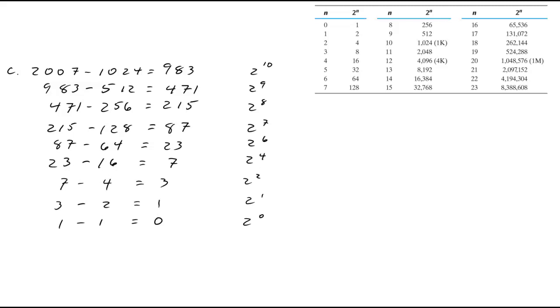So now we can write 2007 in base 10 equals, let's see, there's 10, 9, 8, 7, 6, no 5, a 4, not a 3, 2, 1, 0. And that is 2007 in base 2.